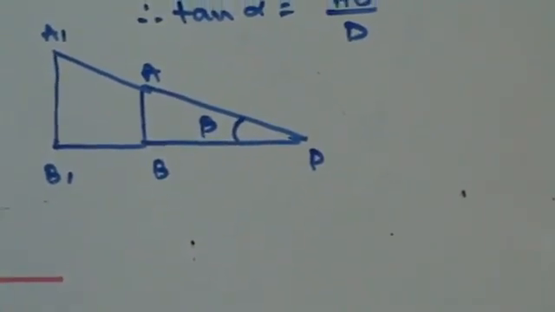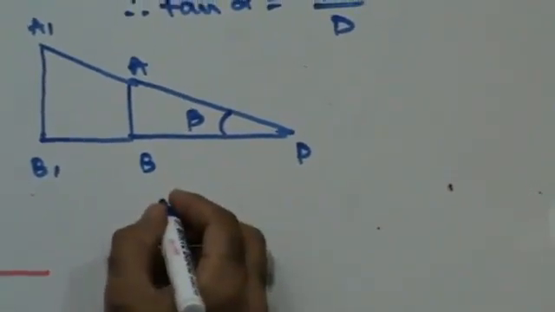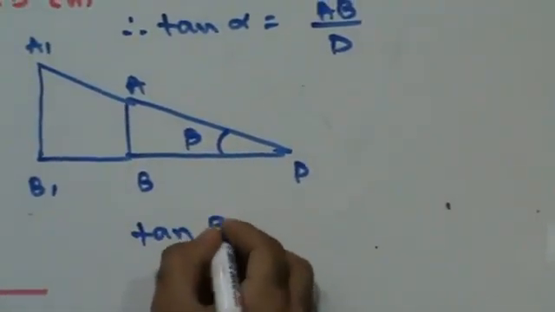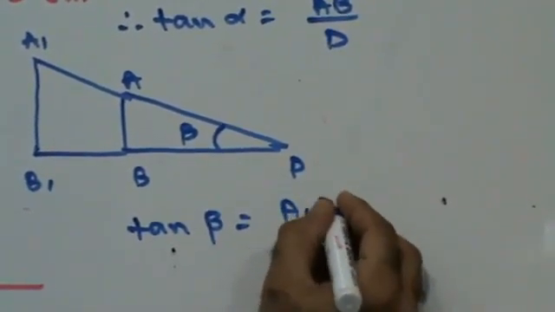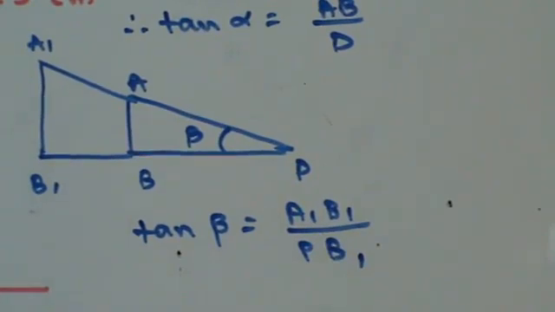I can say tan beta can be written as A1B1 upon PB1. Some of you will say that sir, tan beta is also AB upon BP. Either way, right?